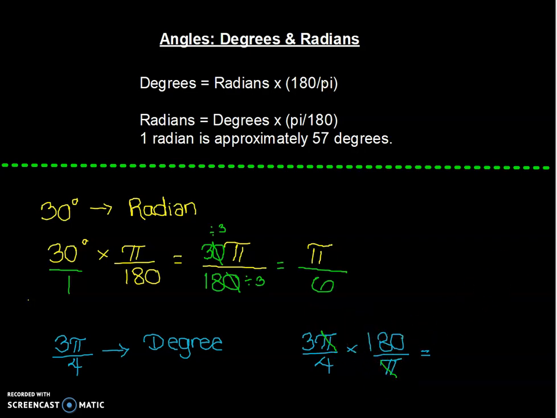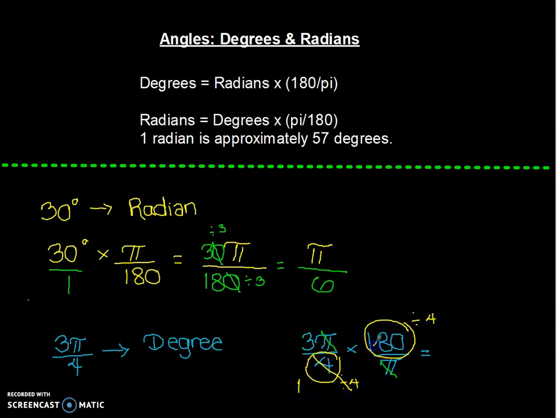And from here, since I multiplied straight across last time, I'm just going to show you how to cross-reduce this time. Two different methods, same answer though. So 4 and 180, they can both be divided by the same number. You would think 2, but I'm going to step it up a little bit. They can both be divided by 4. 4 divided by 4 leaves me with 1, so I'm going to change this into 1.